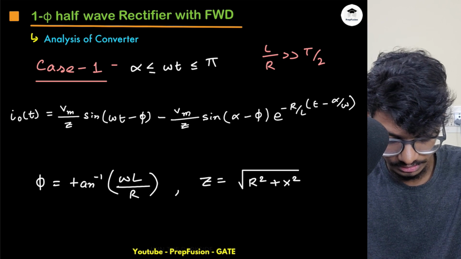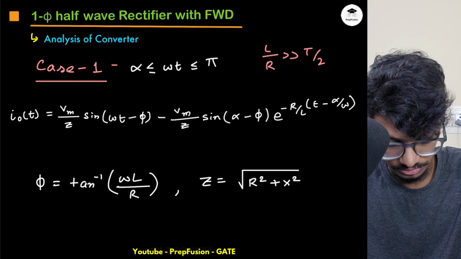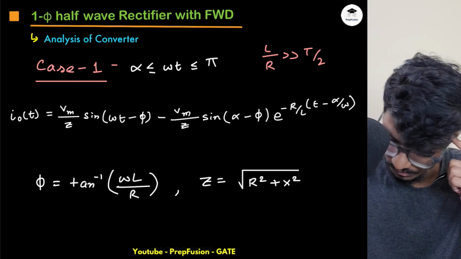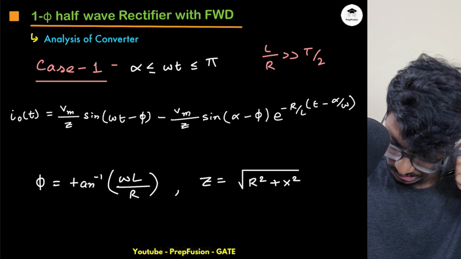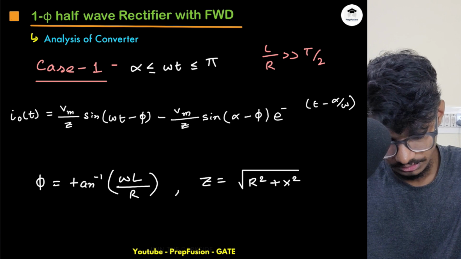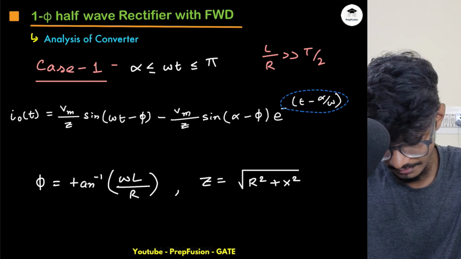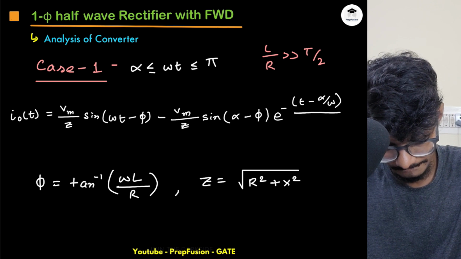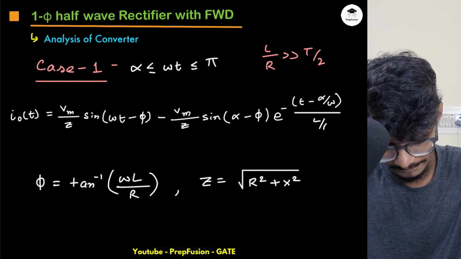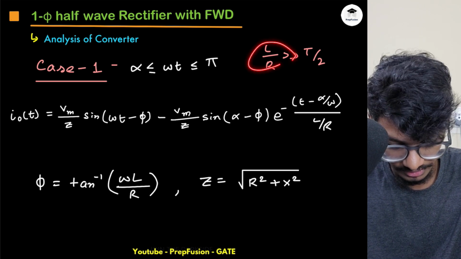Let me write T upon tau like this, which will be easier to analyze.